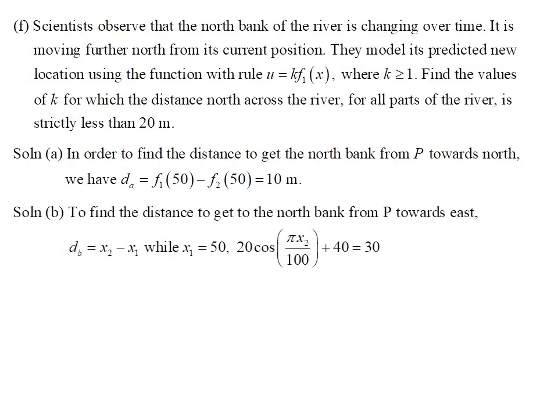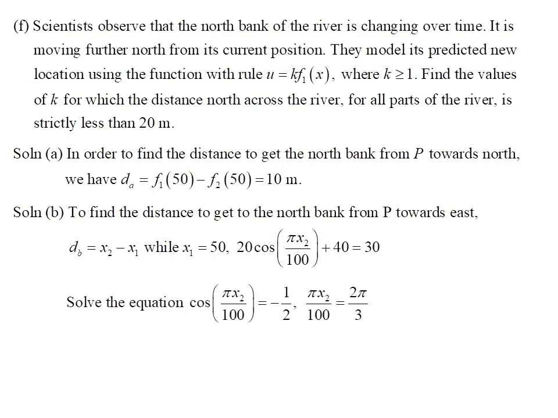In part B, to find the distance to get to the north bank from P towards east, the distance d equals x2 minus x1. According to the given coordinates at point P, x1 equals 50 meters. As for x2, we need to solve the equation 20 times cosine pi x2 over 100 plus 40 equals 30.